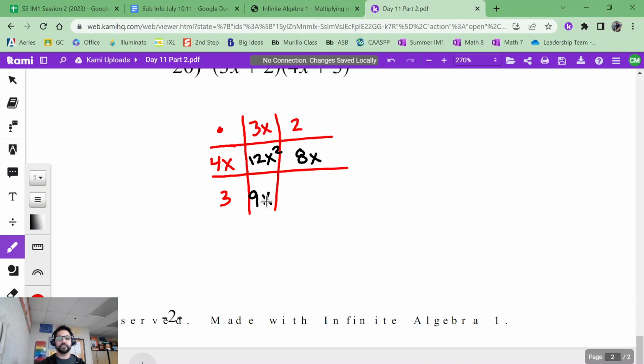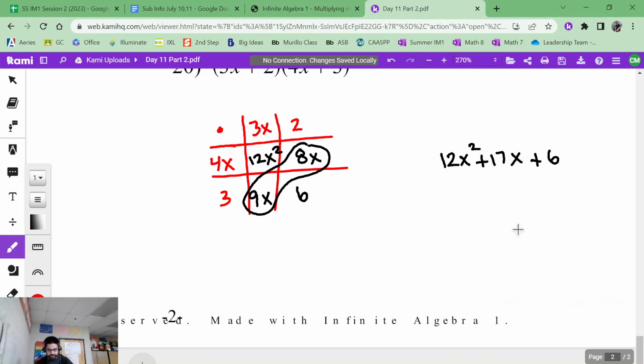X tags along. 3 times 2 is 6. No variable. All right, diagonals are like terms. Remember first, which is 12x squared. Last, which is positive 6, always stay the same. Don't try to combine anything with those. It's just the diagonal, the middle, that's going to combine. 9 plus 8 is 17, positive 17x.